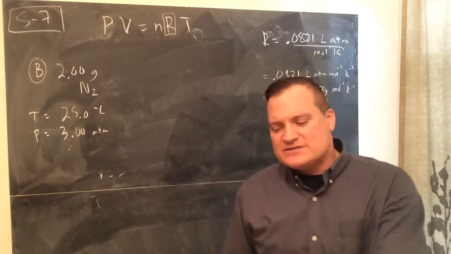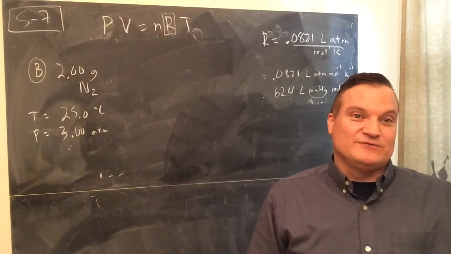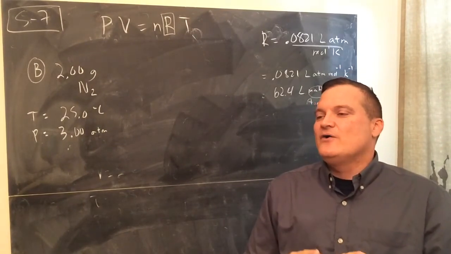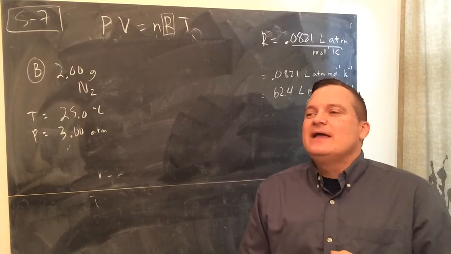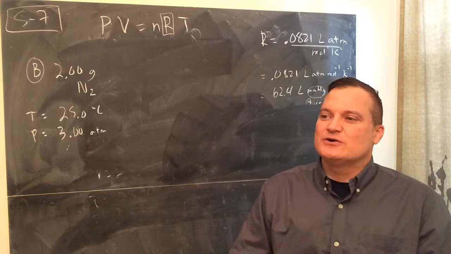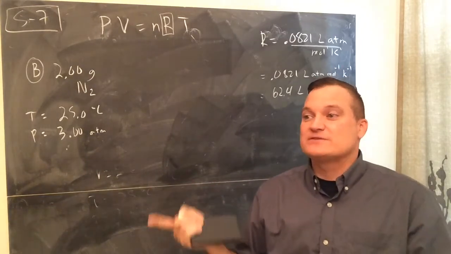How does this equation compare to what we've been learning so far, all the other equations we've got? Whenever you read a problem and it says something about pressure, volume, temperature, and here's the new pressure and the new volume, what's the new temperature?